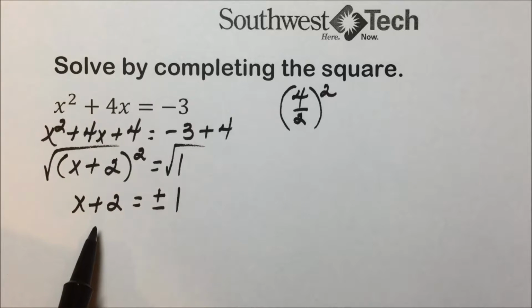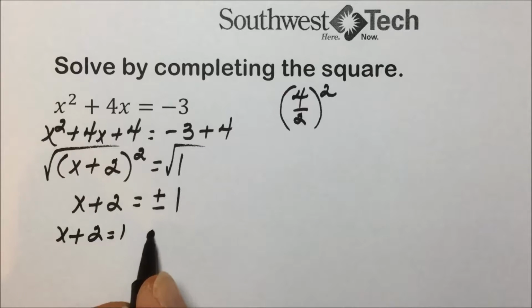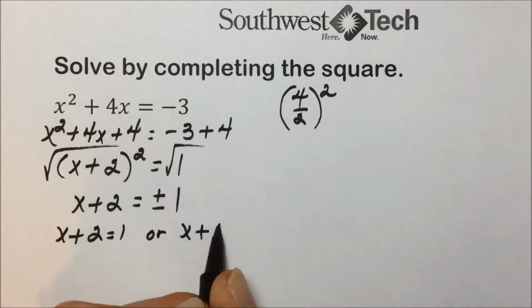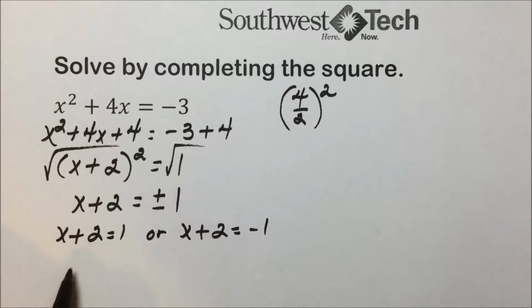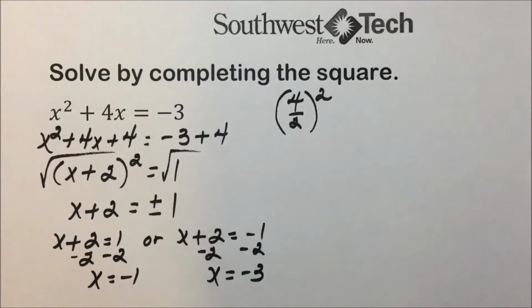Solving then our last step for x, we have x plus 2 equals 1, or x plus 2 equals negative 1. Subtract a 2 from each side to solve for x. We end up with x equal to negative 1. Subtracting a 2 here, we end up with the solution of x is equal to negative 3. And we could plug those in to verify that we do have the correct solution.